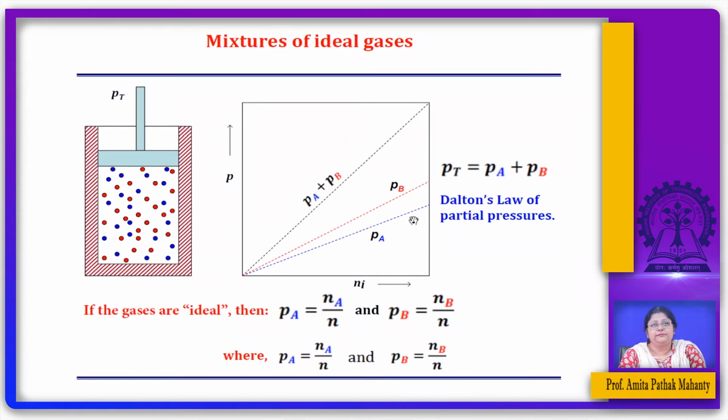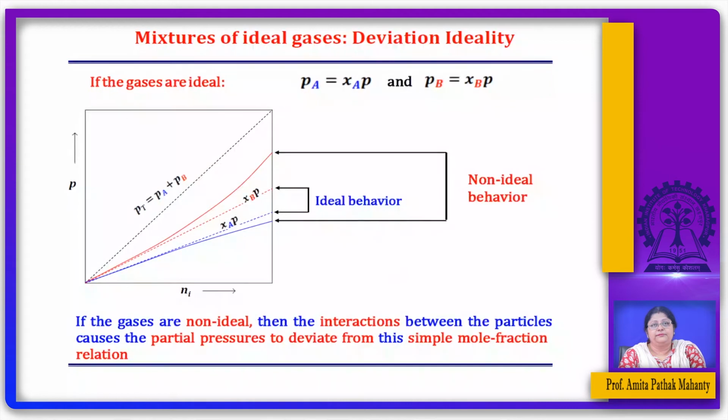This is what I was talking about in the last class when the class ended. We had said that in the ideal situation the pressures are supposed to be like this, and the total pressure should be the summation of the two partial pressures obtained from the two gases enclosed in the cylinder.